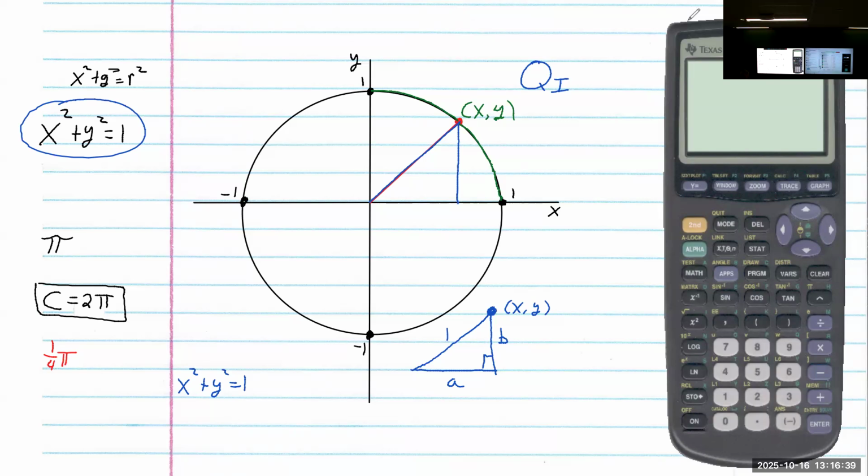From those ideas, I claim whatever that value is, they have to be the same. Because they're of equal distance of x and y, they're at some location, and they're stuck on this circle, and they're both positive, they have to be the same.